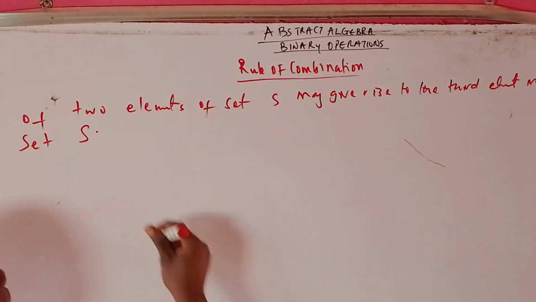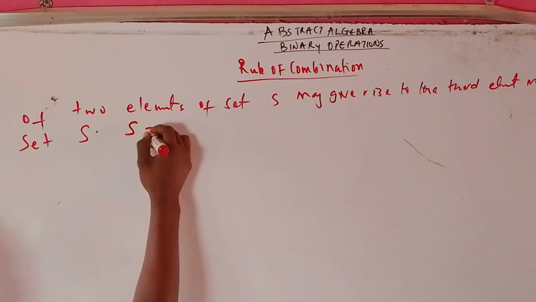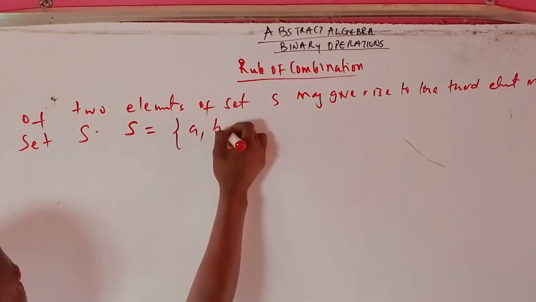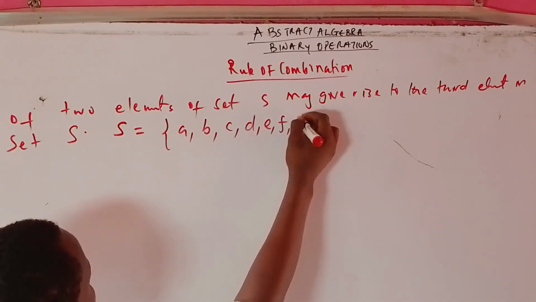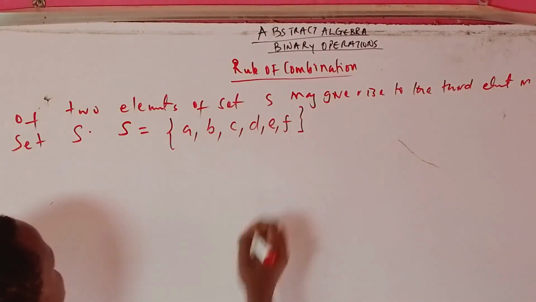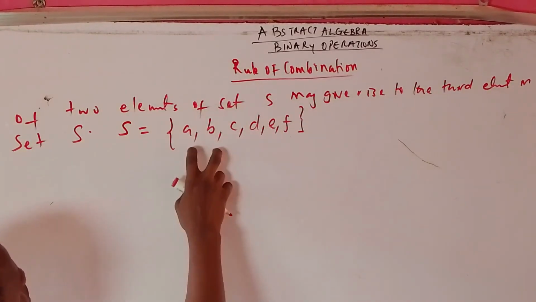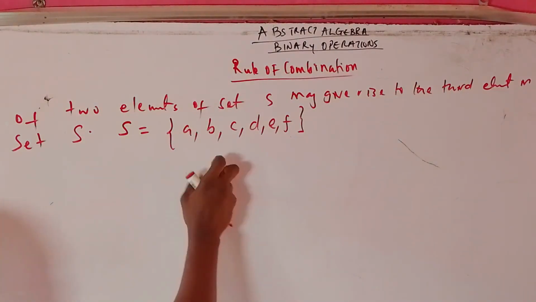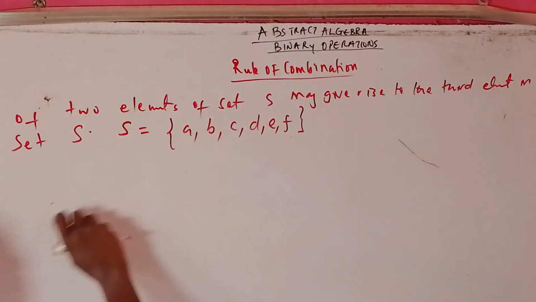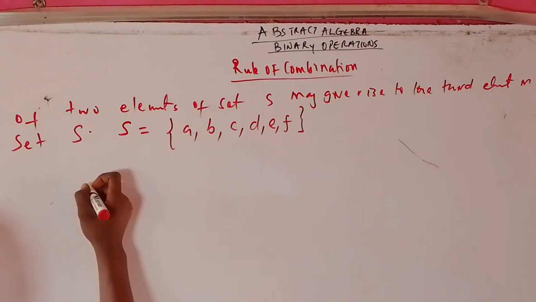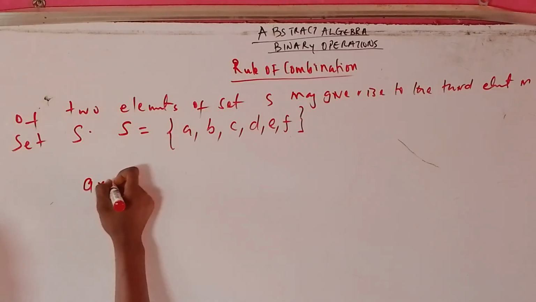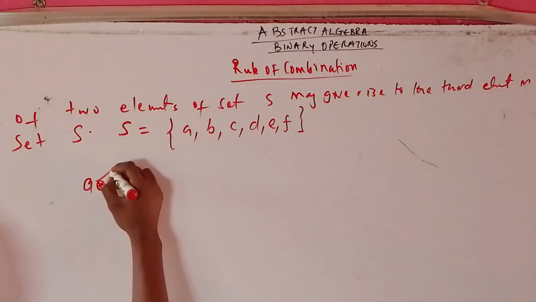Now, let's say we are given set S equal to A, B, C, D, E, F. Then we are to combine two elements from S. Let's say I want to combine A and B from set S. That is A asterisk B. Let's say this is the operation.